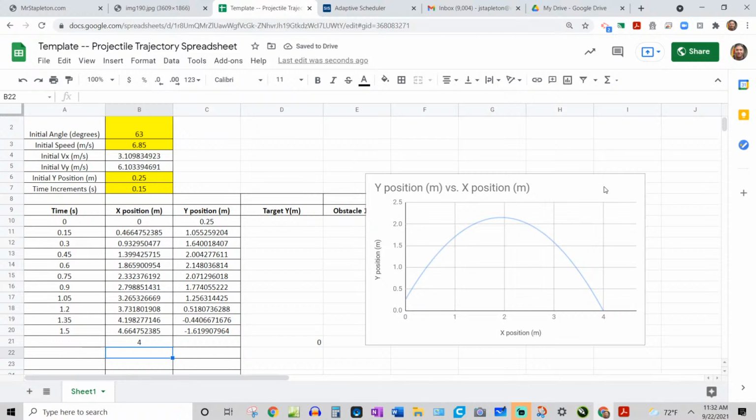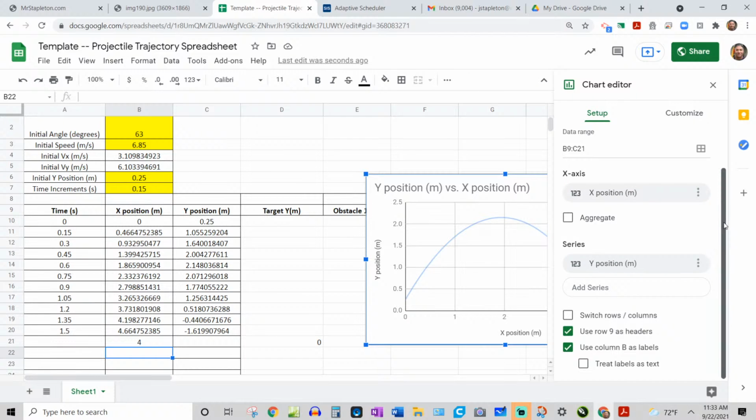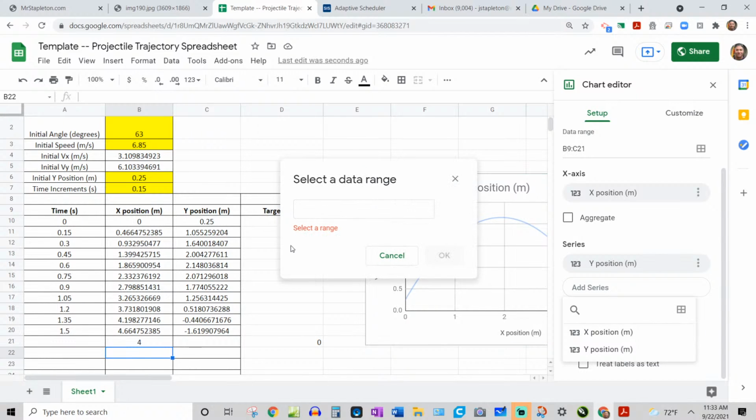I could do all these things one after another, but I'll go back to these little 3 dots, edit chart, and add a series. I'll click this table thing, which allows me to select the data range.